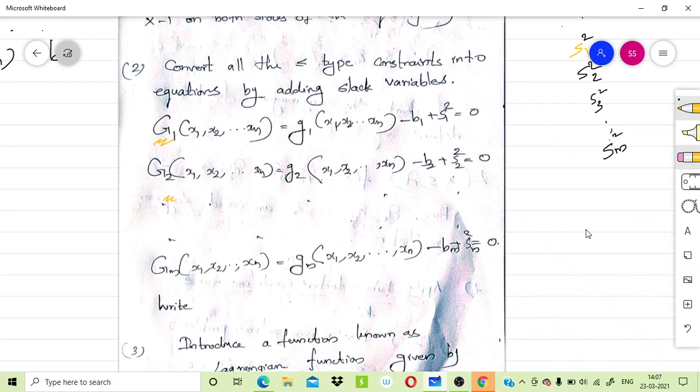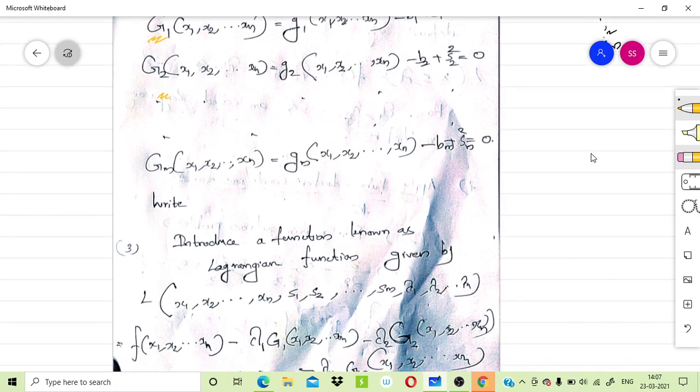When it is converted into equality, we write it on the left-hand side, so minus b1, minus b2. Then we have the slack variables s1 square, s2 square, etc. sm square. So this is our capital G1, G2, etc. Gm.